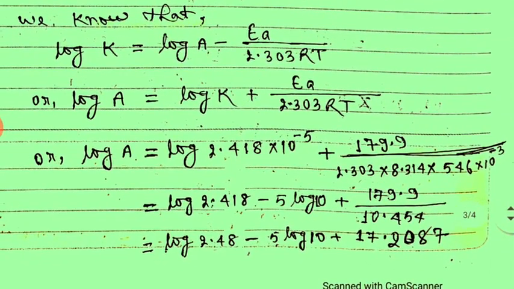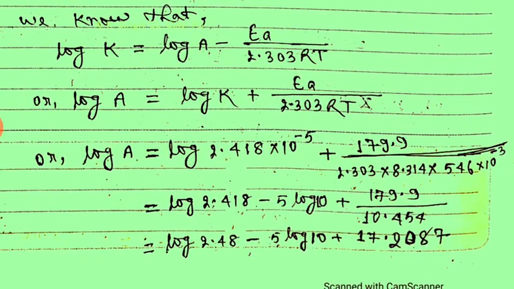Why 10 to the power minus 3? To make it kilojoule, because Ea is in kilojoule and the value of R is in joule. So we have to convert the value of R also into kilojoule, so it is multiplied by 10 to the power minus 3.